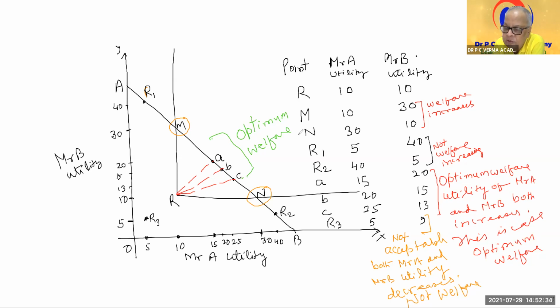This is not Pareto. This change in the society is not acceptable. That's all.